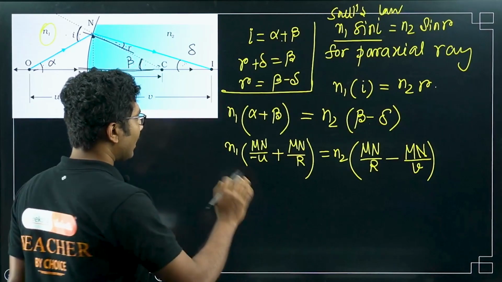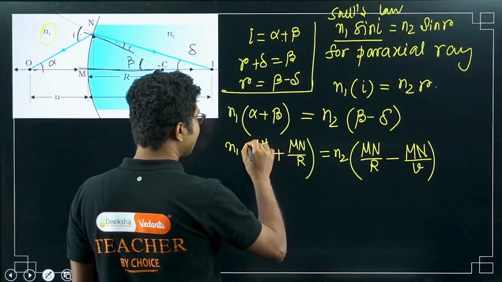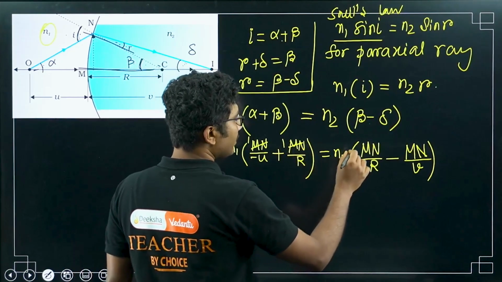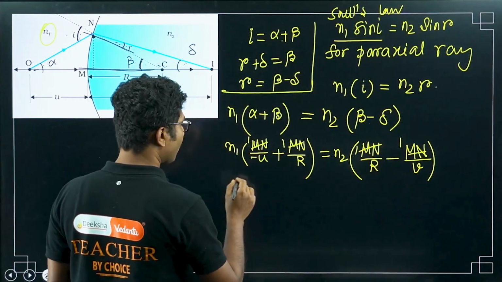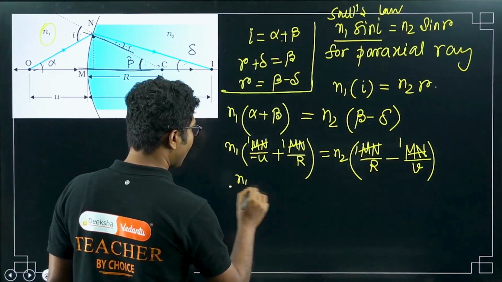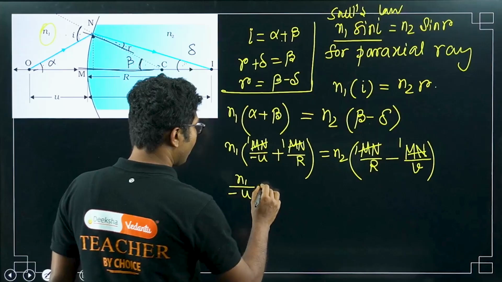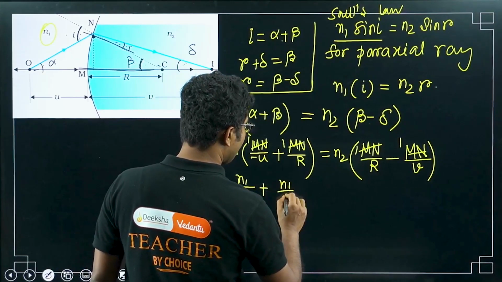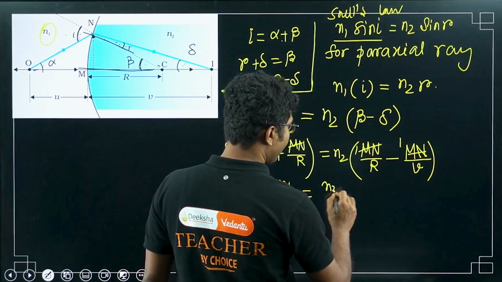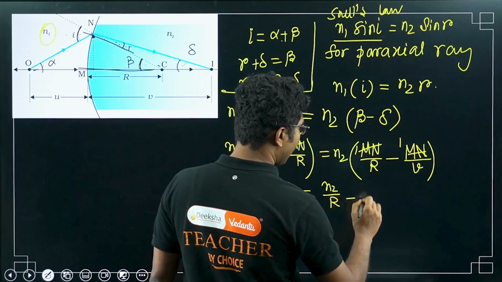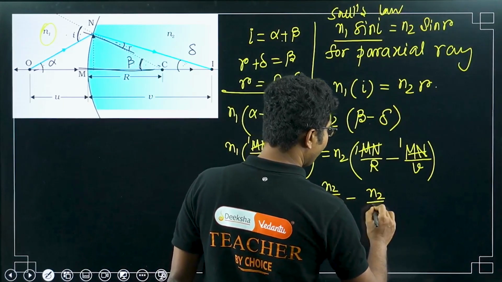Now let's cancel, mn will be cancelled from each of the terms, right? So you will be left with a much easier formula now. N1 by minus u plus N1 by r equals N2 by r minus N2 by v.